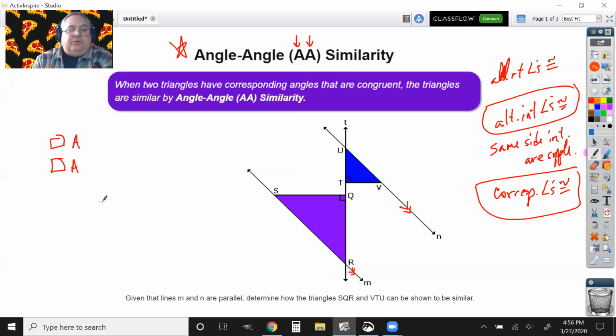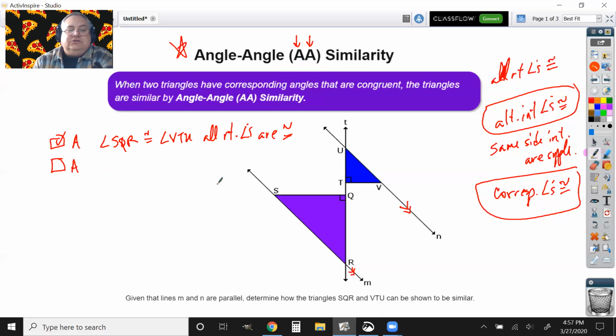So my first thing would be to say that angle SQR, S to Q to R, that would be this angle right here, is congruent to angle VTU, because all right angles are congruent. Check. I now have one pair. I've basically done half of my problem.